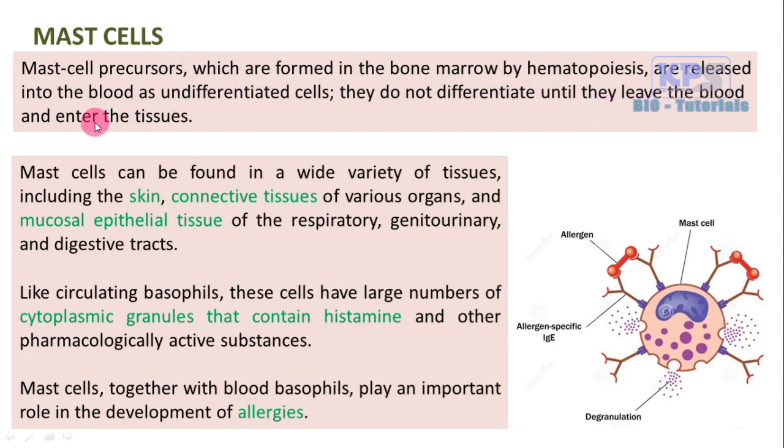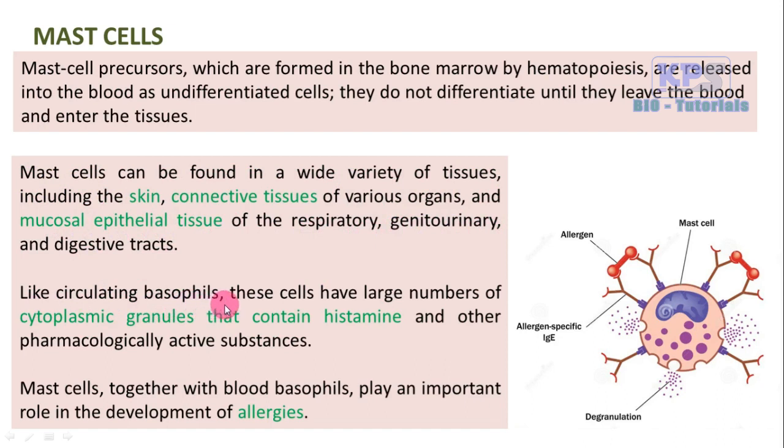Within the tissues, they develop into mast cells. These mast cells can be found in a wide variety of tissues, including skin, connective tissues of various organs, and mucosal epithelial tissue of respiratory, genitourinary, and digestive tracts.